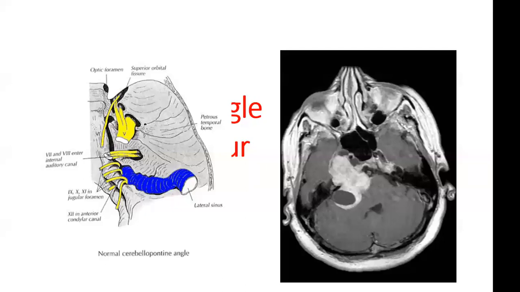In fact, the earliest sign is loss of corneal reflex, which is a trigeminal nerve innervated reflex. Okay, at least afferents are from the trigeminal nerve. Corneal reflex is the first thing to go actually. So CP angle 5, 7, 8.